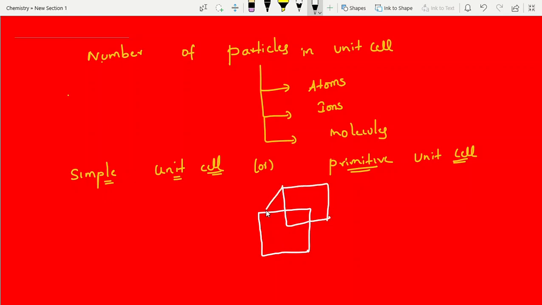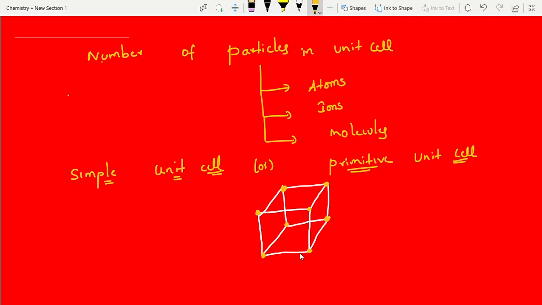So this is the unit cell, students, the smallest portion in a crystal lattice that I am taking. Here I am writing particles. This is the corner: 1, 2, 3, 4 for this face, and then 5, 6, 7, 8.